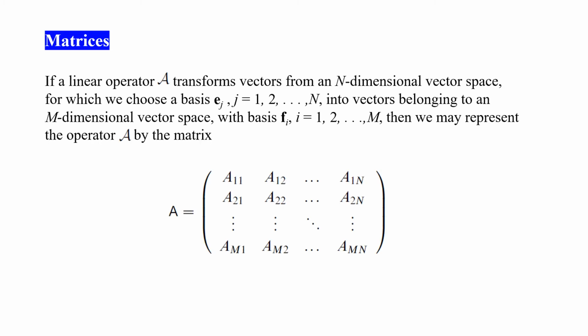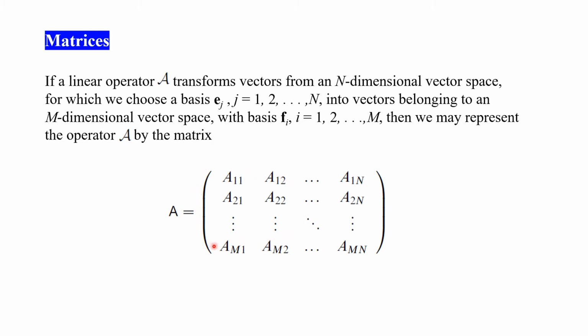If a linear operator A transforms vectors from an n-dimensional vector space, for which we choose a basis aj, j equal to 1 up to n, into vectors belonging to an m-dimensional vector space with bases fi, where i is equal to 1 up to m, then we may represent the operator A by the matrix given by this one here.